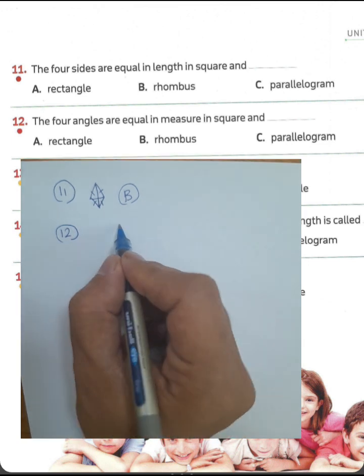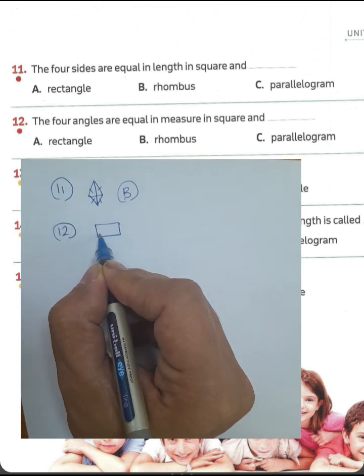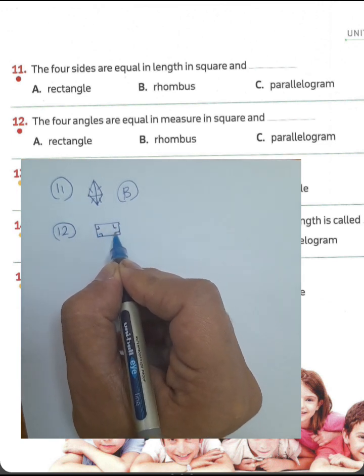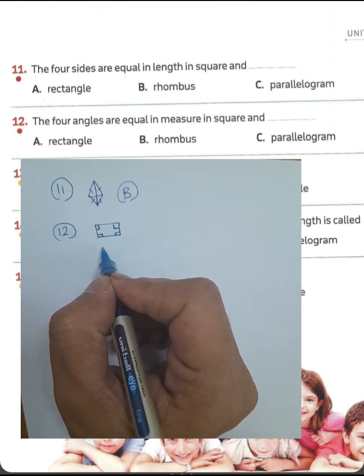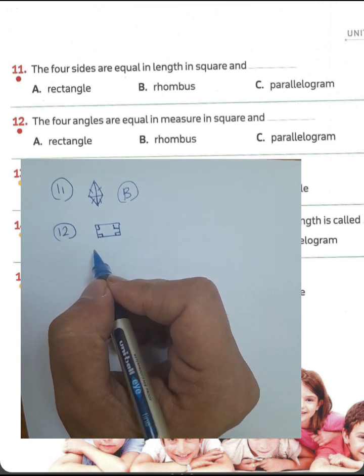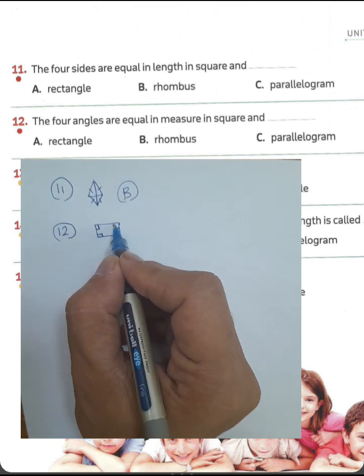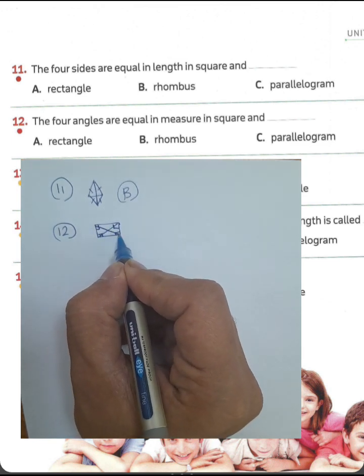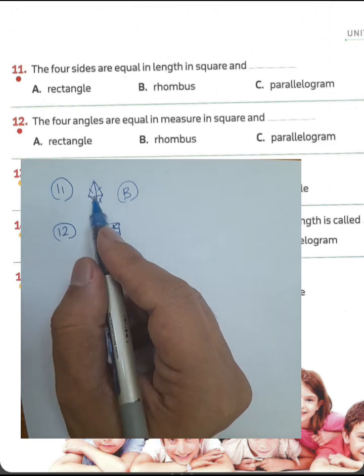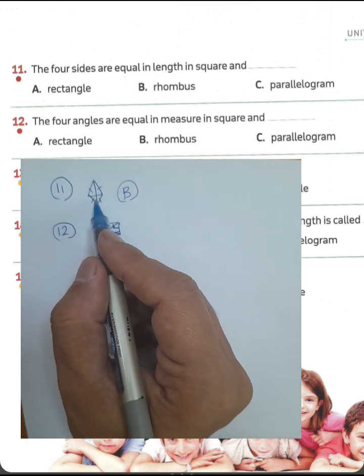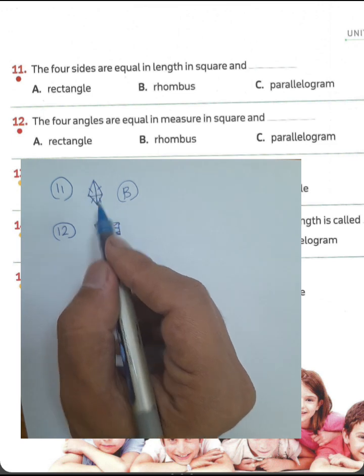The 4 angles are equal in measure in rectangle and square. Here the 2 diagonals are equal in length, but in a rhombus the 2 diagonals are perpendicular and not equal in length.